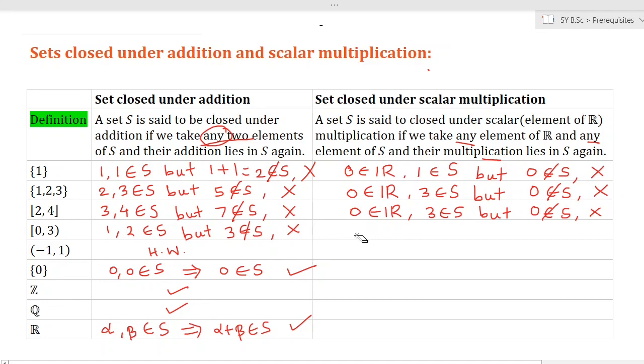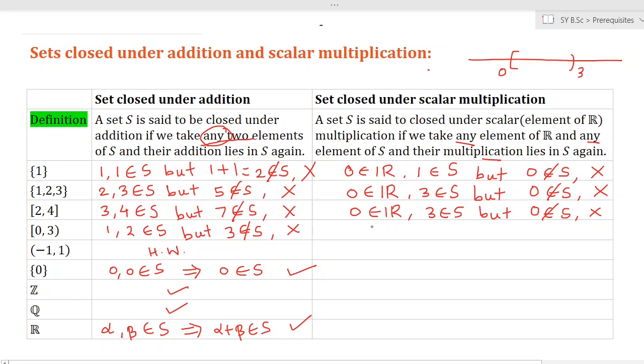So I have to pick such an element of R and such an element of S, that is this interval, such that the multiplication will go outside of this interval. Okay, so this interval is nothing but what? It is closed 0, open 3.